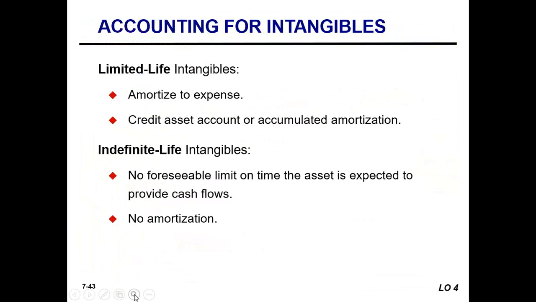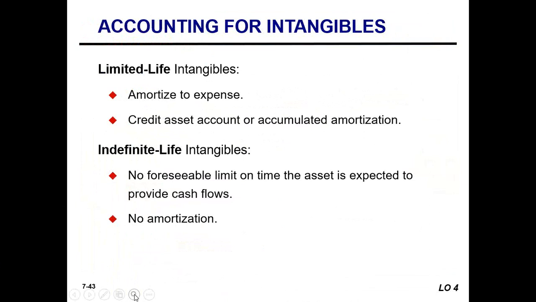If an intangible has a limited life, and that is a life that either by law or something else we say this intangible only holds value for this period of time, we amortize it. What's that, you say? It's depreciation for intangible items. That's all it is. It's amortization instead of depreciation.